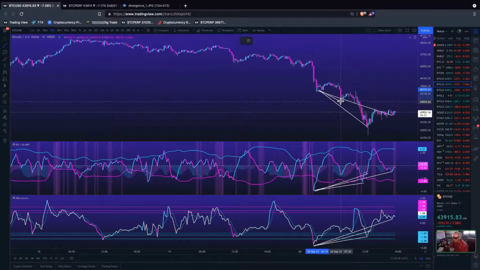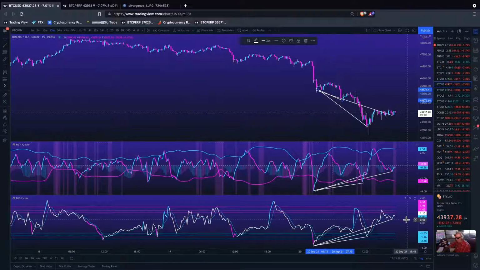So right here, you can see, bam, there's another higher low on the indicator. So we get that little bump, then whoop, right back down. So there is a lot of bull div, as you can see, playing out right now in the 15-minute. And it's just stab after stab after stab. Higher lows on both of these oscillators.